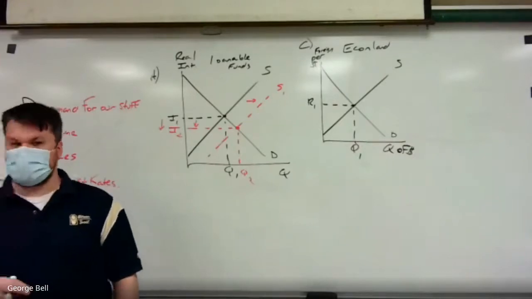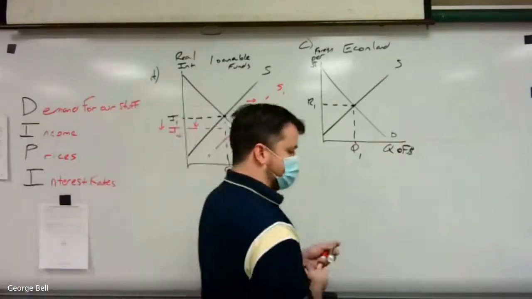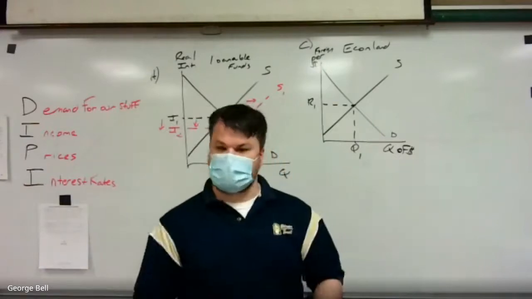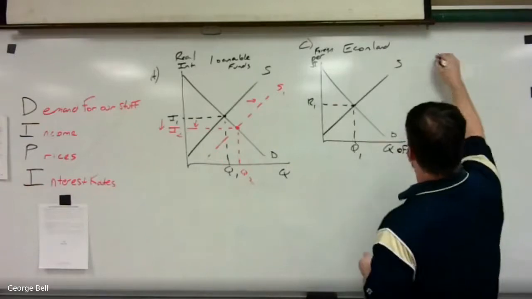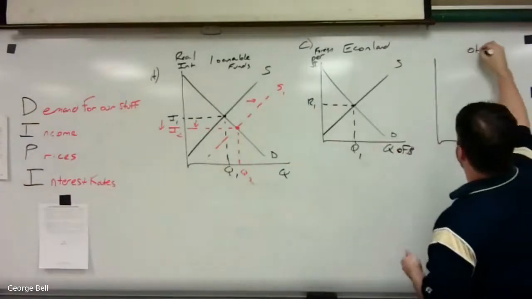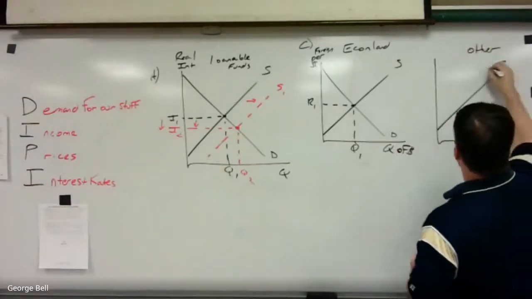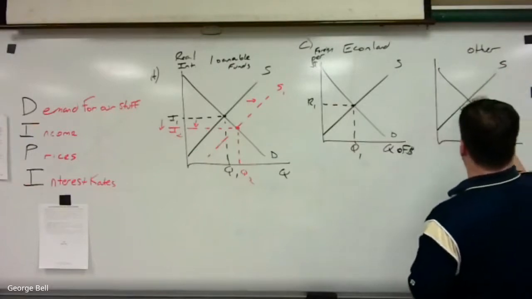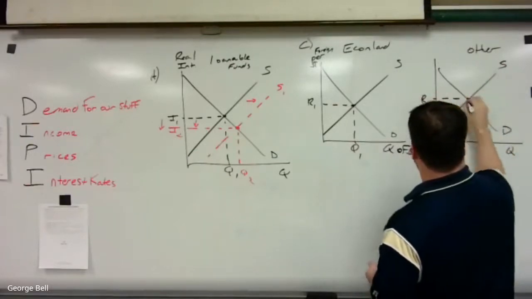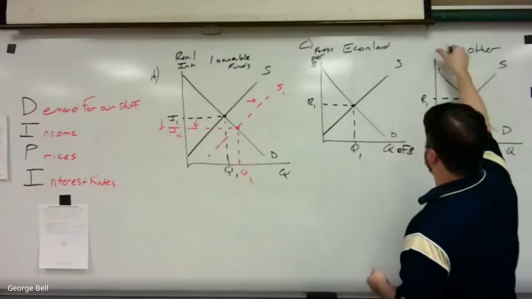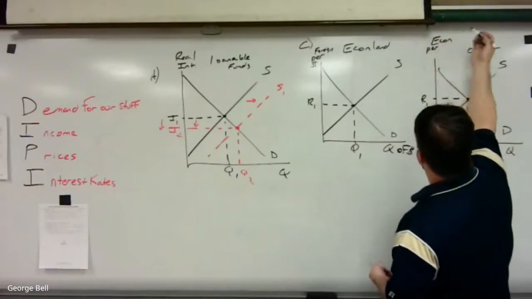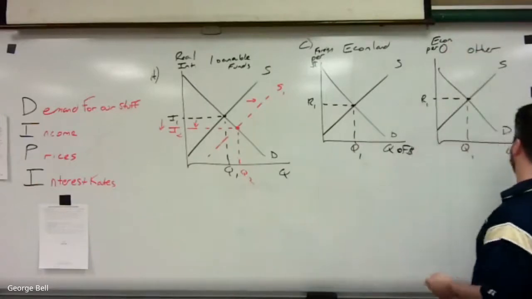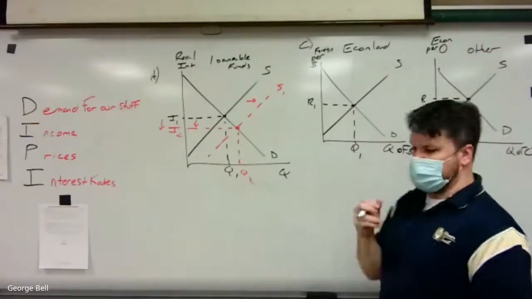So for Econland to go overseas, they need to convert Econland's currency into the foreign currency. So really the best way to do this is talk about the other country here. And then we have supply and demand, quantity. Again, I'm just drawing the base graph here because it's always in my head better to do it this way. So this is the Econland per other or foreign, quantity of other. We don't have a name for this country.